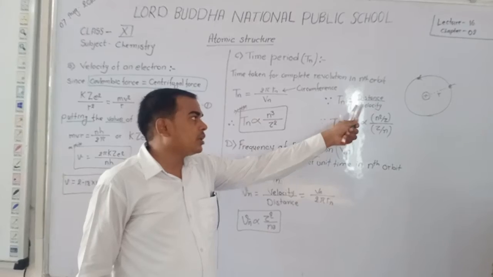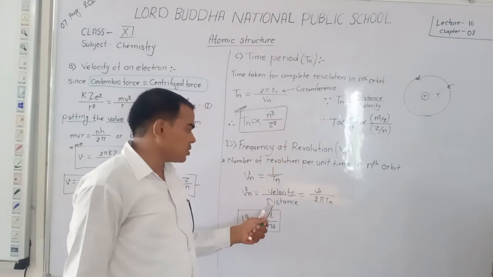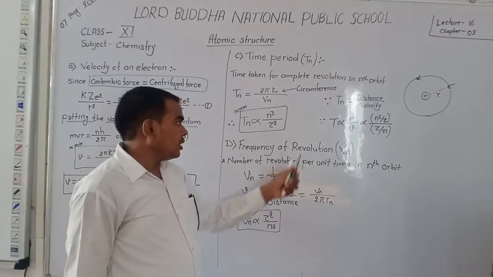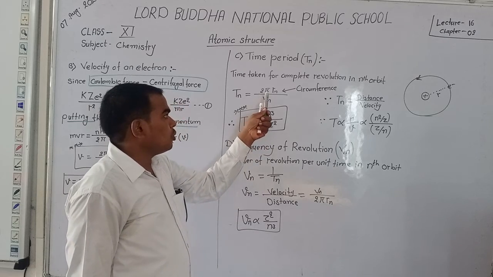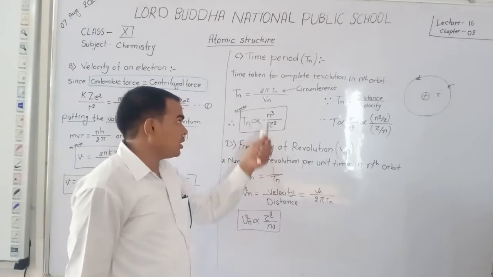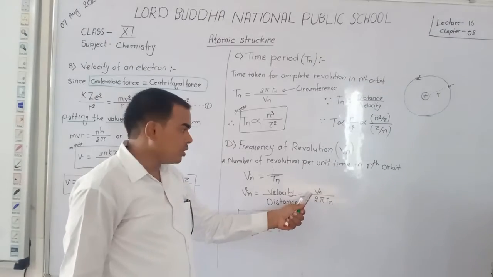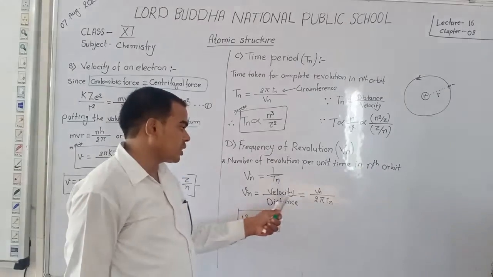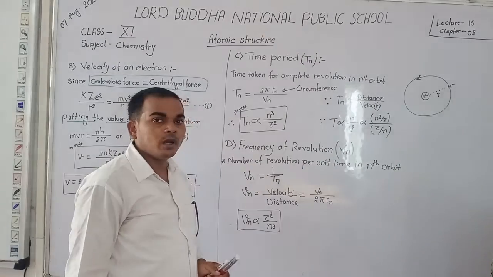In the time period, we have distance upon velocity; in frequency, we say velocity upon distance. In this formula you see 2 pi Rn upon Vn, so the inverse for the frequency is Vn upon 2 pi Rn, because the velocity is Vn and the distance is the circumference of the orbit.